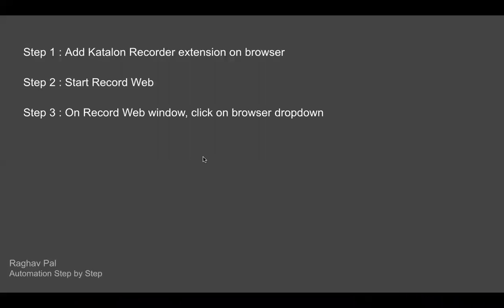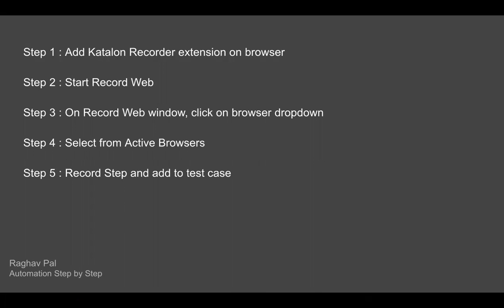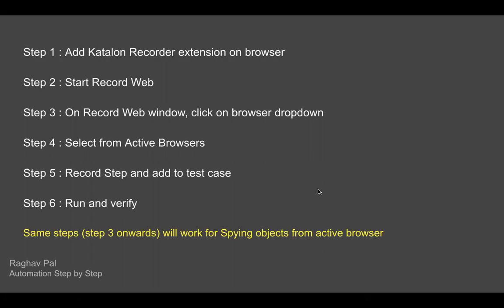So this will also be very handy in case of object spy. So we have done all these steps. We have selected the active browser, we have checked, we have run and verified, and for spying objects as well, all these same steps will be applicable. Okay, so this is how we can record and spy on our primary system's browser.